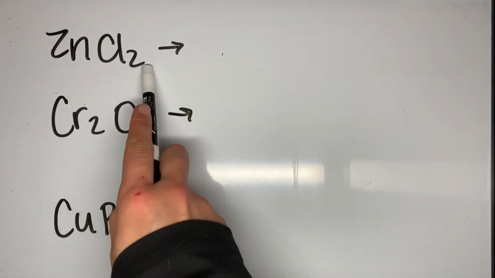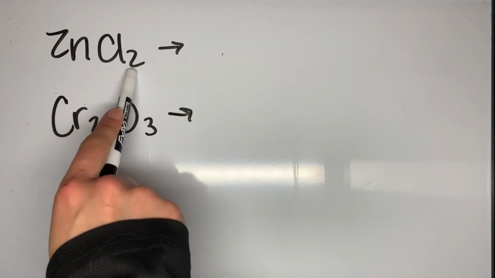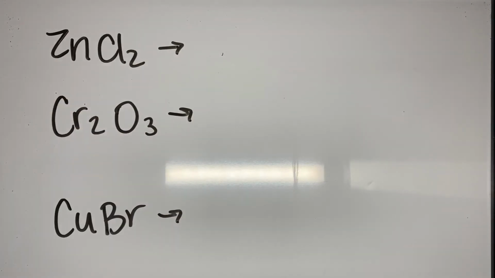So let's start with the first one. We have ZnCl2. Zn, you know, is zinc. Zinc is one of those exceptions that I just mentioned earlier. It can only be a +2 charge. There are no other options. So since its charge is always a +2, this is one where you don't need Roman numerals.